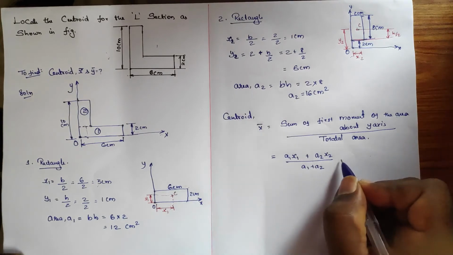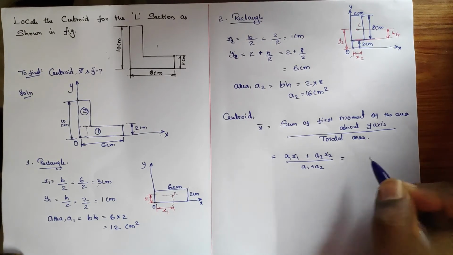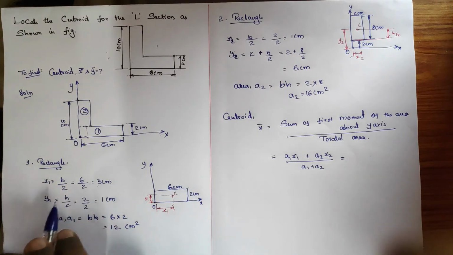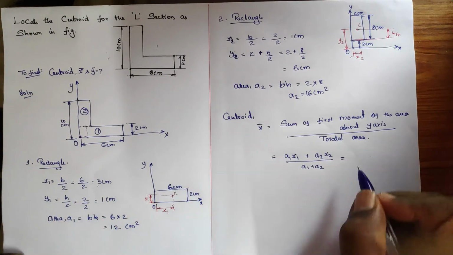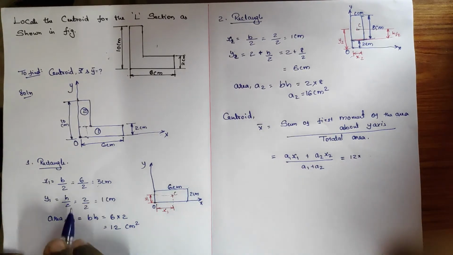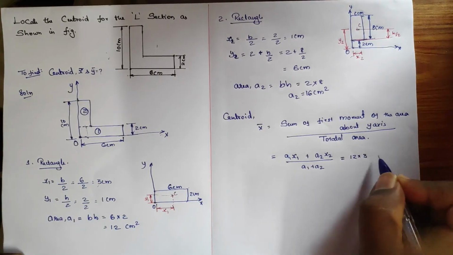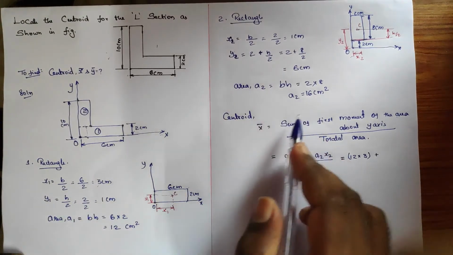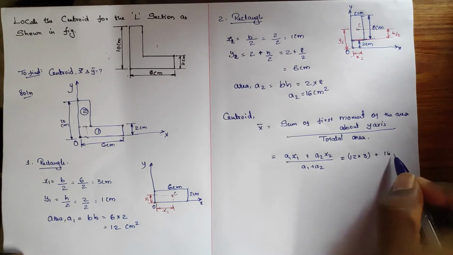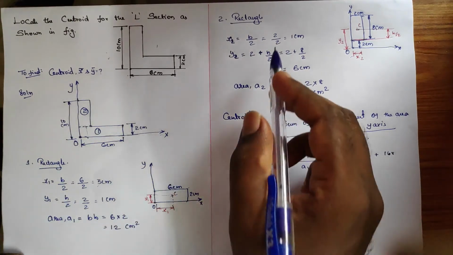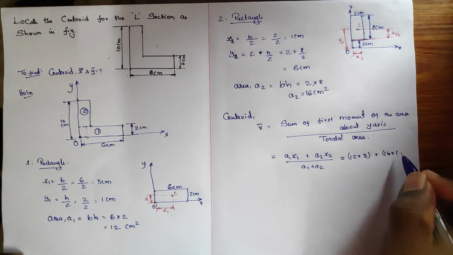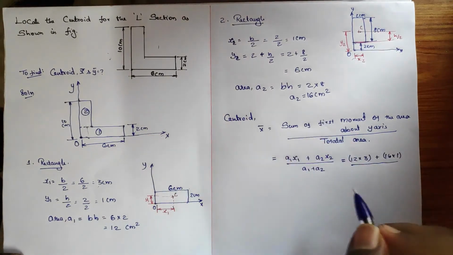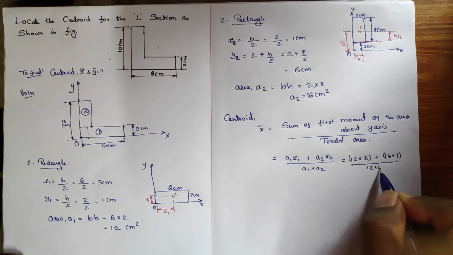So here, a1 is 12 into x1 is 3, plus a2 is 16 into x2, which is 1, divided by the total area, 12 plus 16.